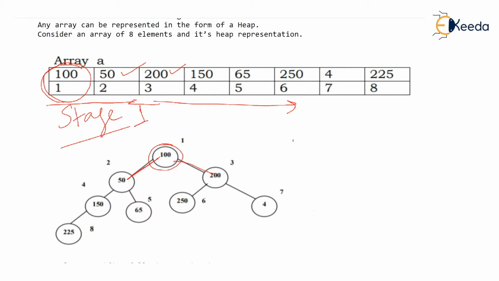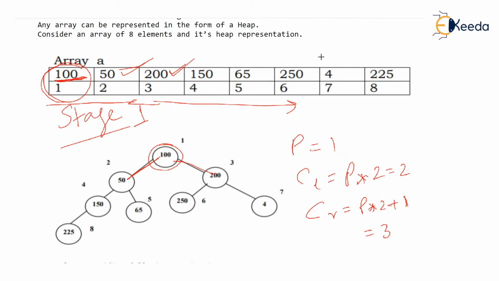Given the parent as 1, the left child is p into 2, that is 1 into 2, that is 2. And the right child is p into 2 plus 1, that is 3. So whatever you store at the first value must be larger than the second value and third value.